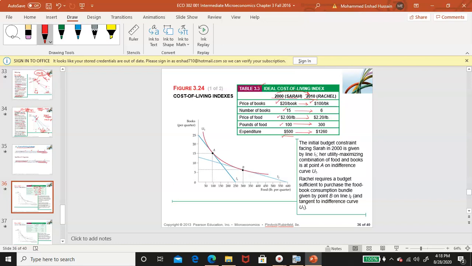1260. The initial budget constraint facing Sarah in 2000 is given by line L1. So let us see what is going on.